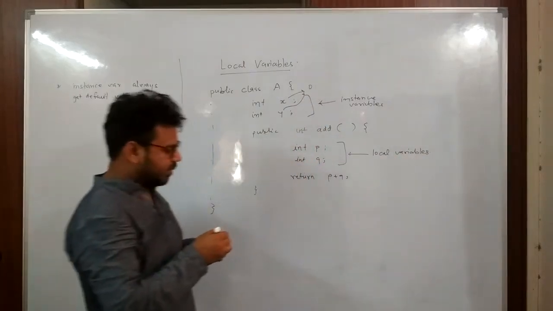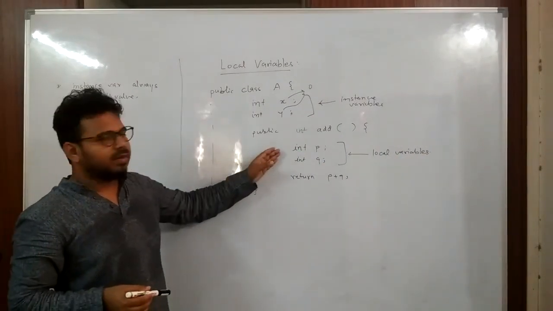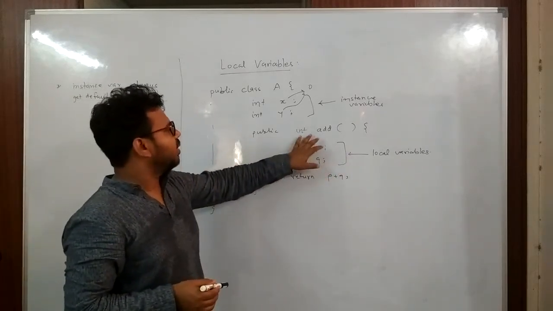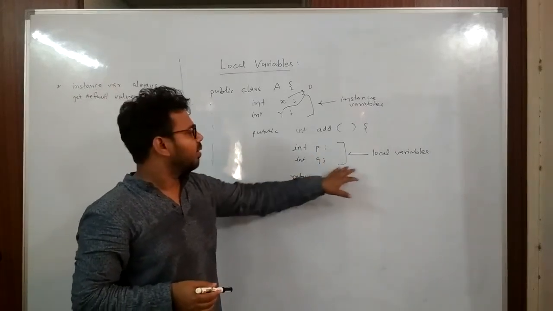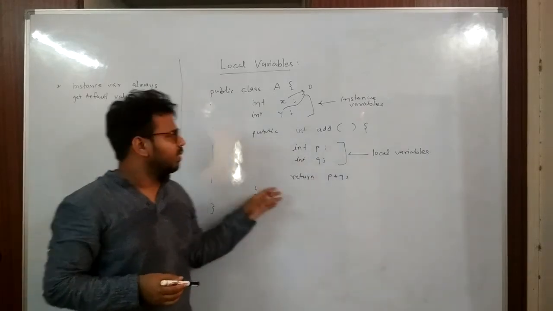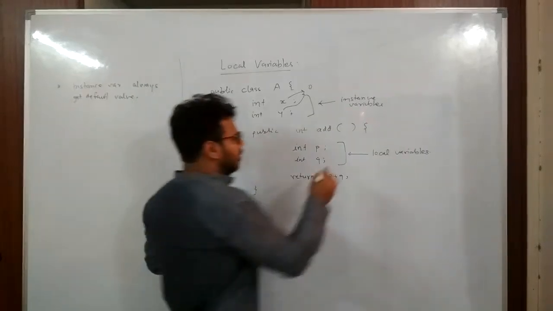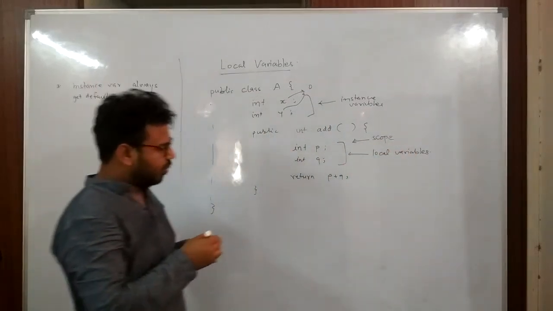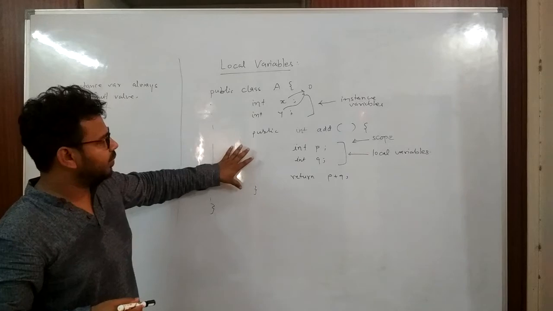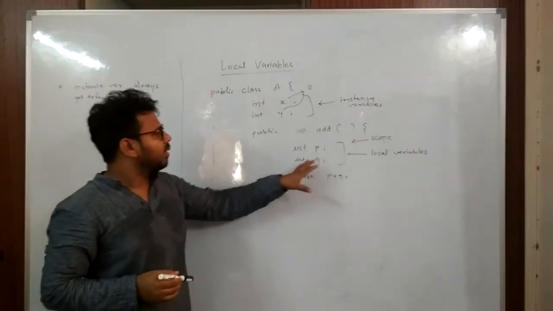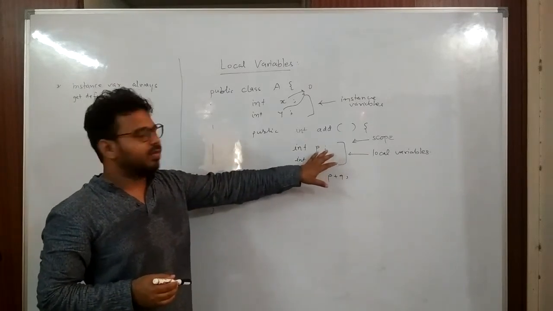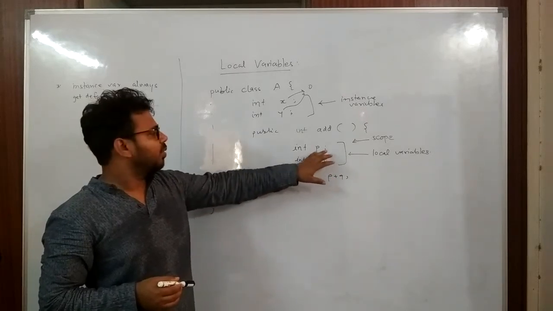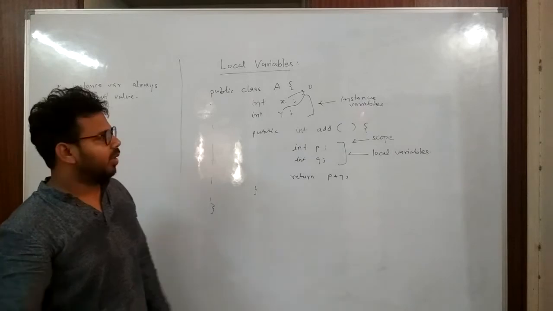Local variables. I think you got the concept. Any variables which are defined inside a method are called local variables, and they have a scope. Scope is simply the place where the variable lives, the place up to which a variable is going to live in the memory.